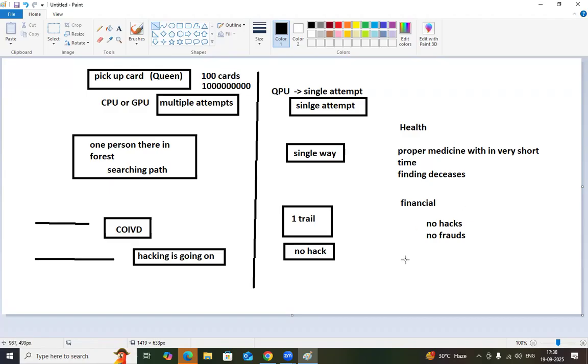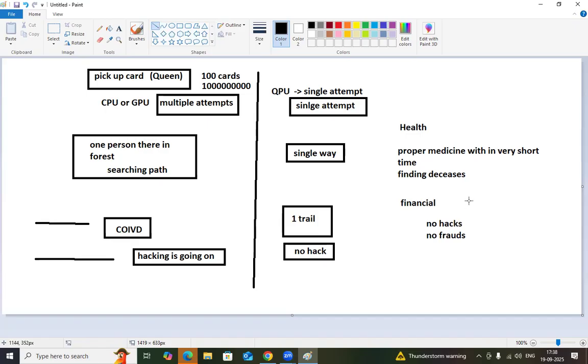In cybersecurity, medicine finding and disease finding, QPUs give a very good advantage. In any domain you take, they will have very good demand in the future.